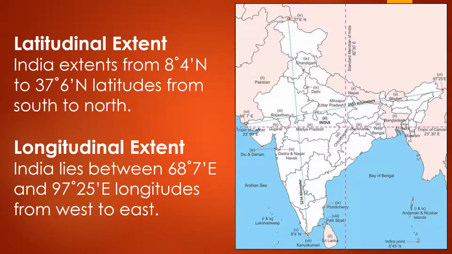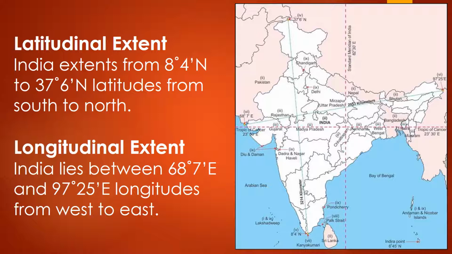In this slide, we learn about the latitudinal and the longitudinal extent of India. Latitudinal extent: India extends from 8 degrees 4 minutes north to 37 degrees 6 minutes north latitudes from south to north.